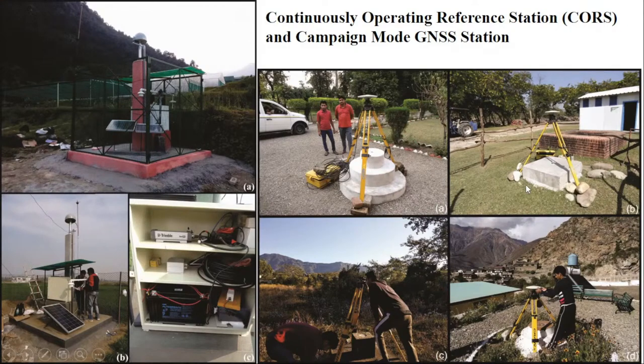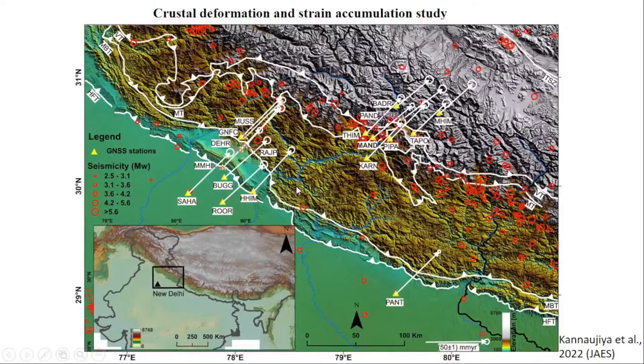So this is the study carried out in the Indo-Gangetic plain and lesser Himalaya and higher Himalaya. You can see that this is the ITRF 2008 velocity. ITRF is nothing but a reference system.